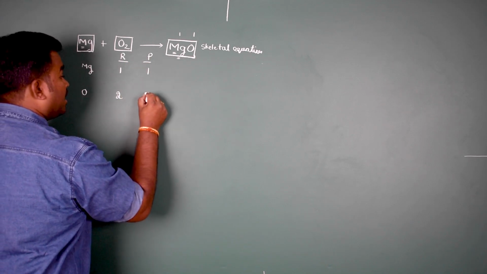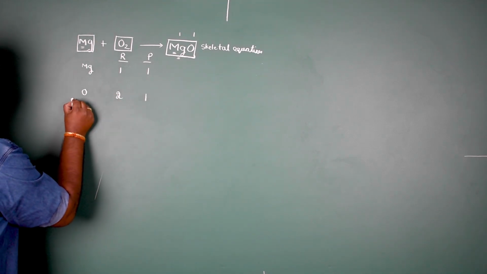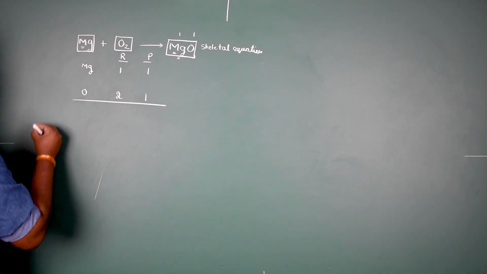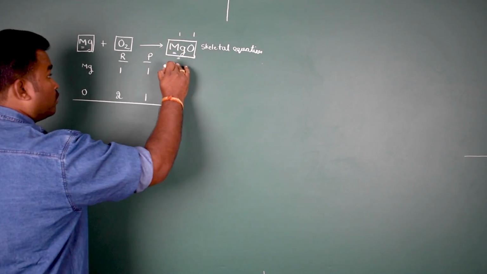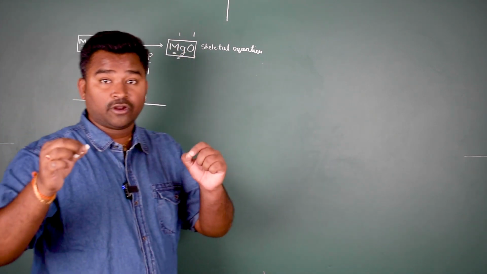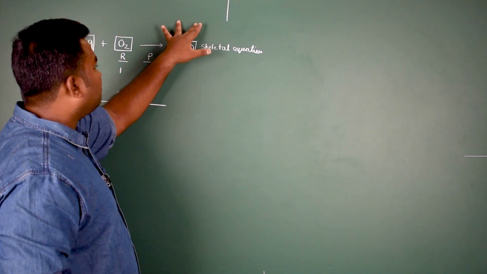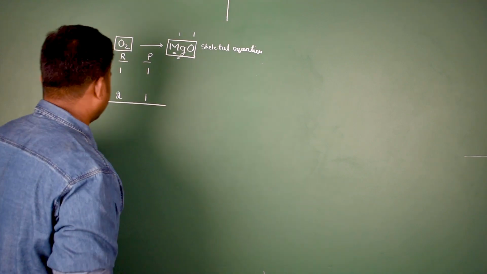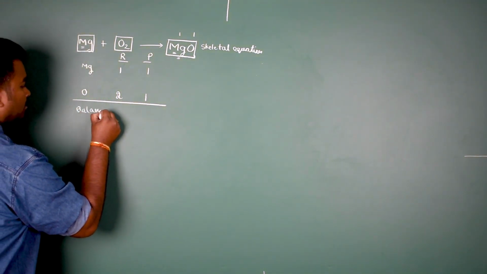One magnesium and one oxygen. So now they are not balanced. What is the step that I have to take here? I have to take a compound, and in the compound whichever element has the maximum number of atoms, I have to balance that. Here, both have the same number of atoms in magnesium oxide. So first I will balance oxygen.